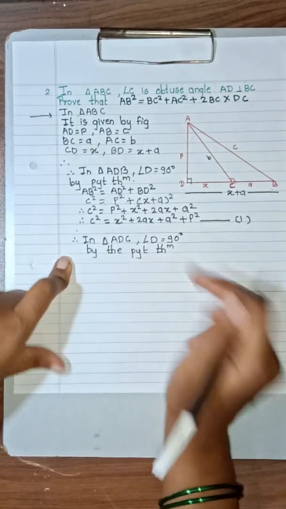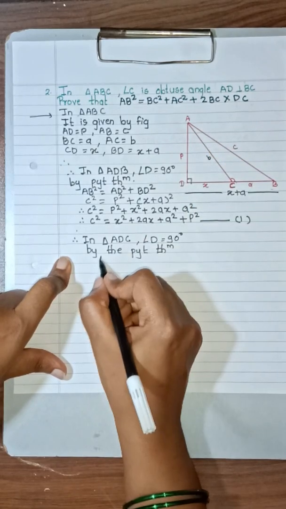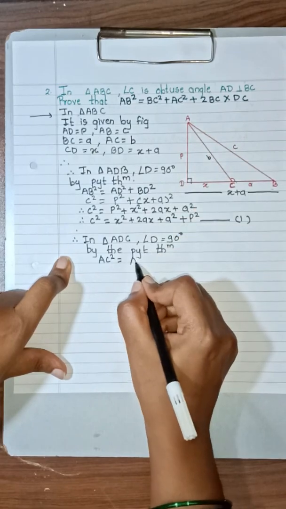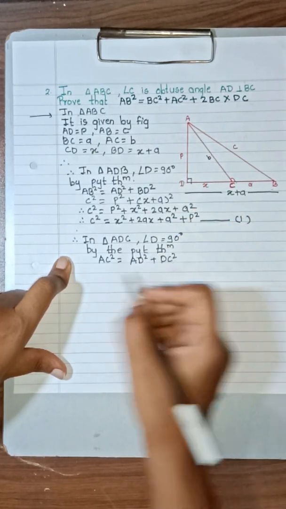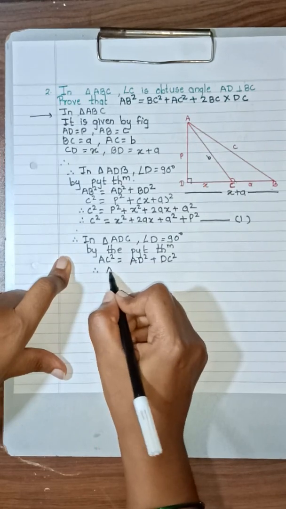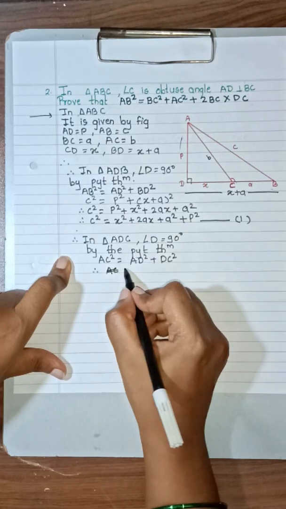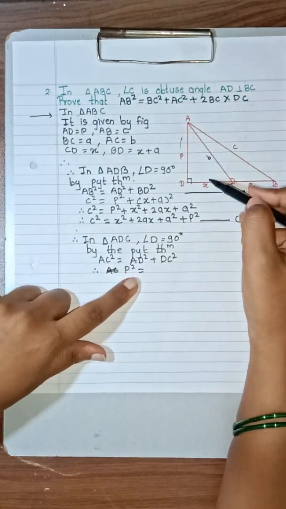Now if you see here, hypotenuse AC square is equal to AD square plus DC square. Therefore AC square, how much is AC?